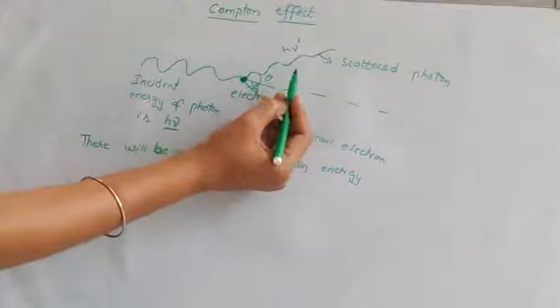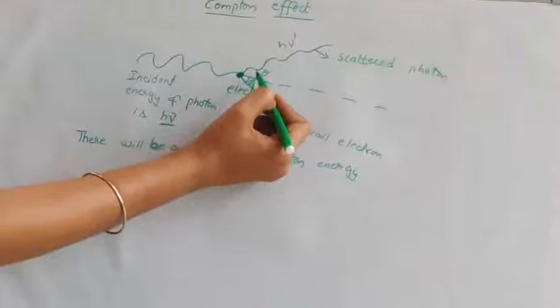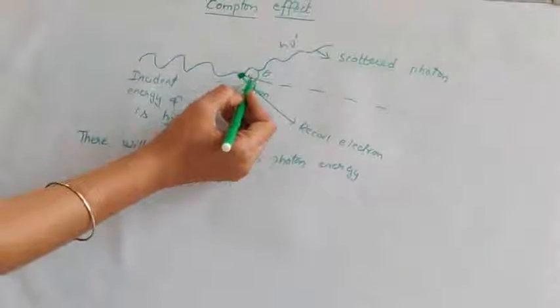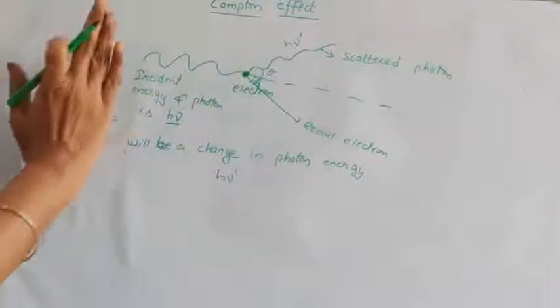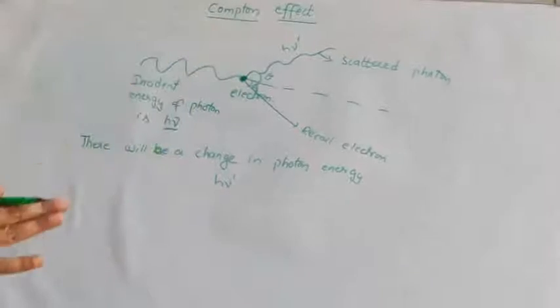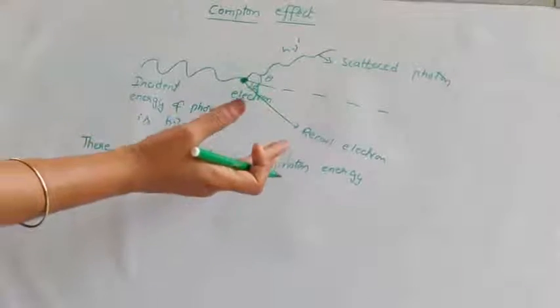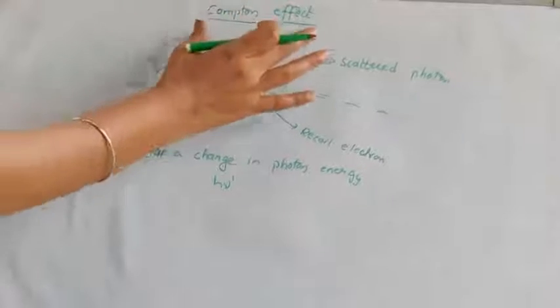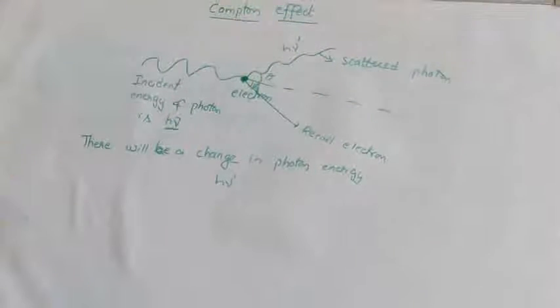The angle for the incident photon scattering is theta, whereas the electron scatters with angle phi. This whole process we are calling the Compton effect. The figure clearly describes the Compton effect.